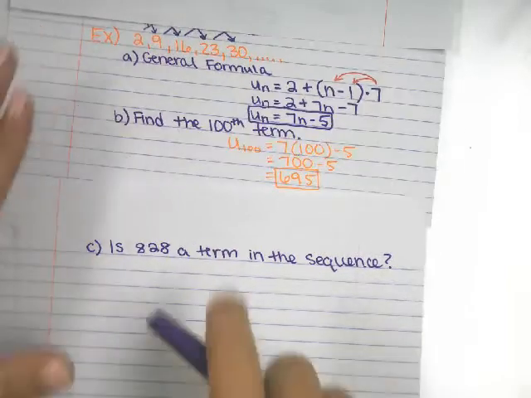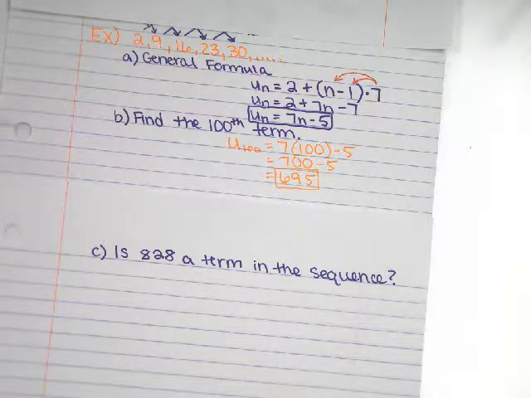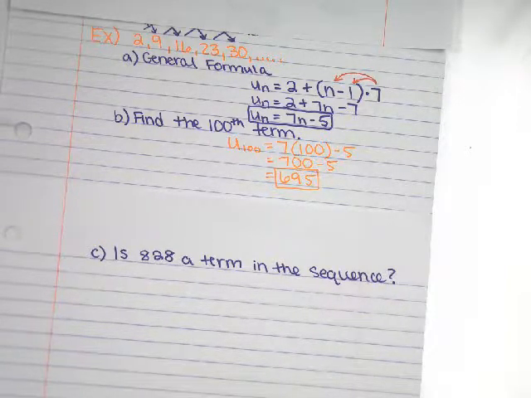Wow, the 100th term was 695, so we'd have to go bigger than that, maybe the 150th term, 200th term. So how can we figure this out? I'm going to show you multiple methods to figure out whether this term is in the sequence.